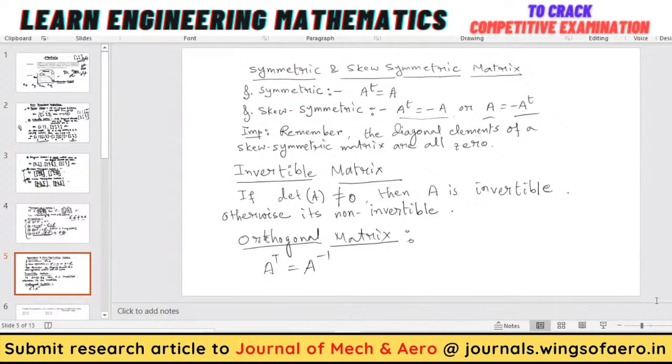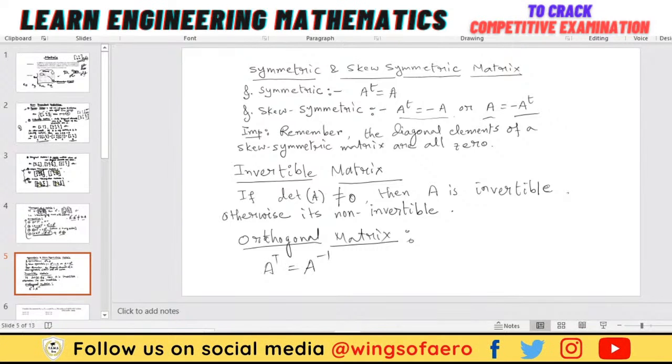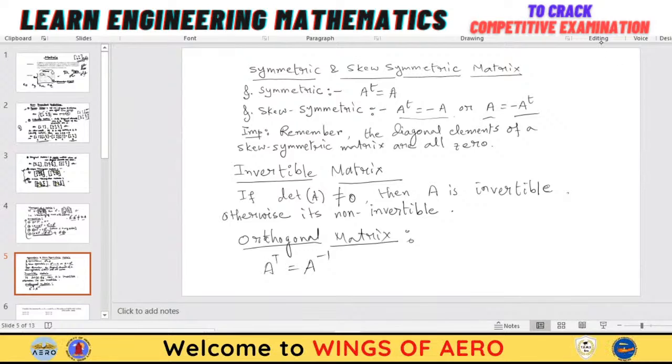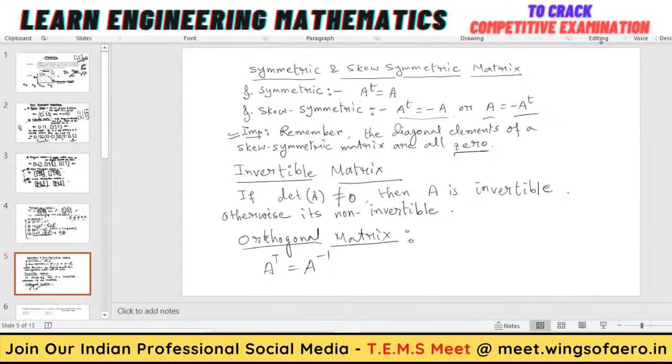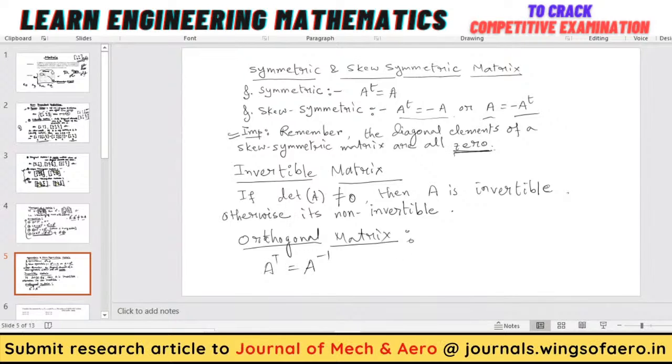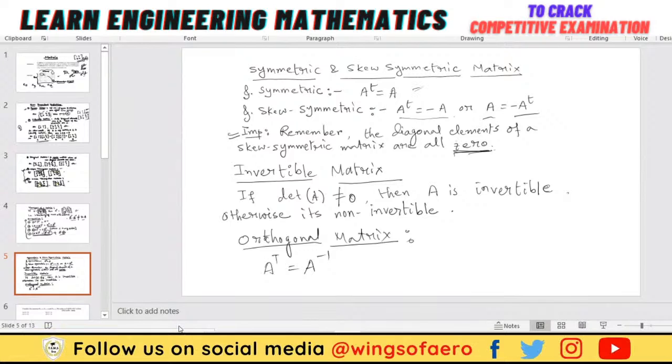I am not giving you an example because I will discuss all the GATE questions today, so then you can easily find this kind of questions and I will solve them. Another important point: remember, the diagonal elements of a skew symmetric matrix are always 0, but not for a symmetric matrix. If it is skew symmetric, then it is 0.